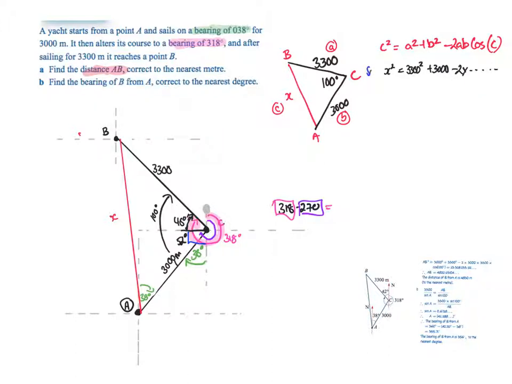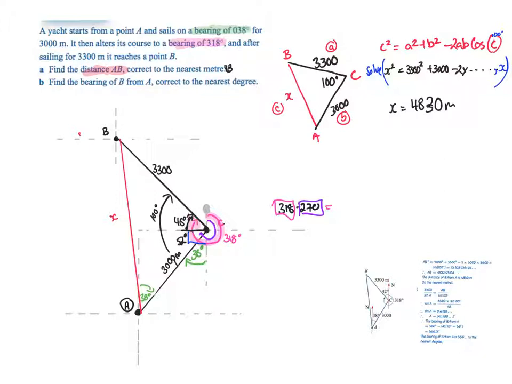And then you do solve, comma, x. So C is 100 degrees. So I've worked that out. We've got x to equal 4829, I'm going to round it up. Did it say nearest meter? So 4830 meters. So AB, there's your answer for that.